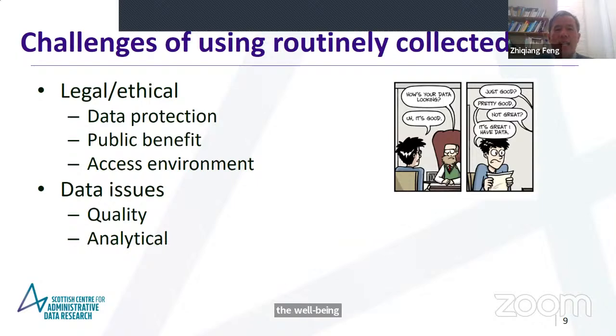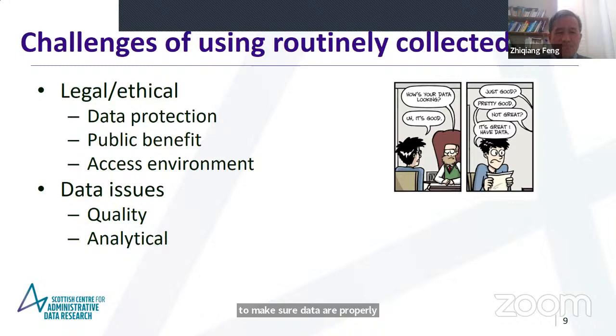Although there are so many benefits of using routinely collected data, there are many challenges as well. Firstly, there are legal or ethical issues, because we have to follow the legal framework and regulations, and we have to make sure data are properly protected.